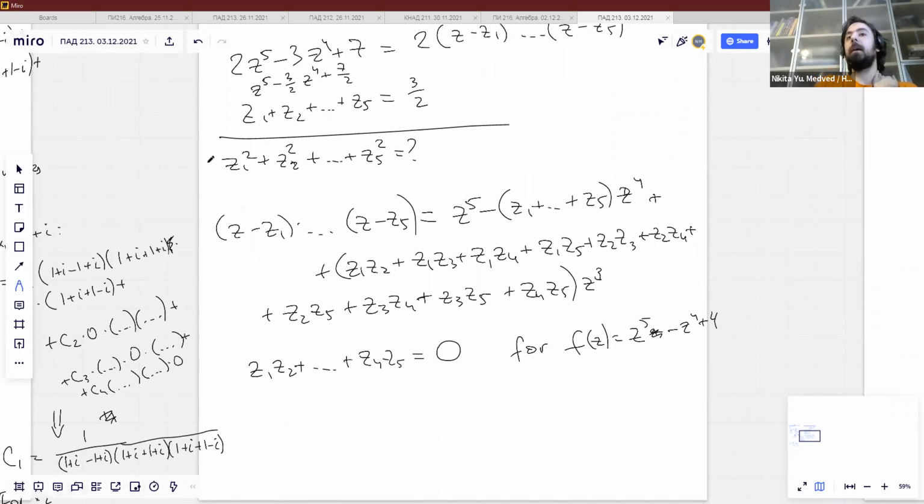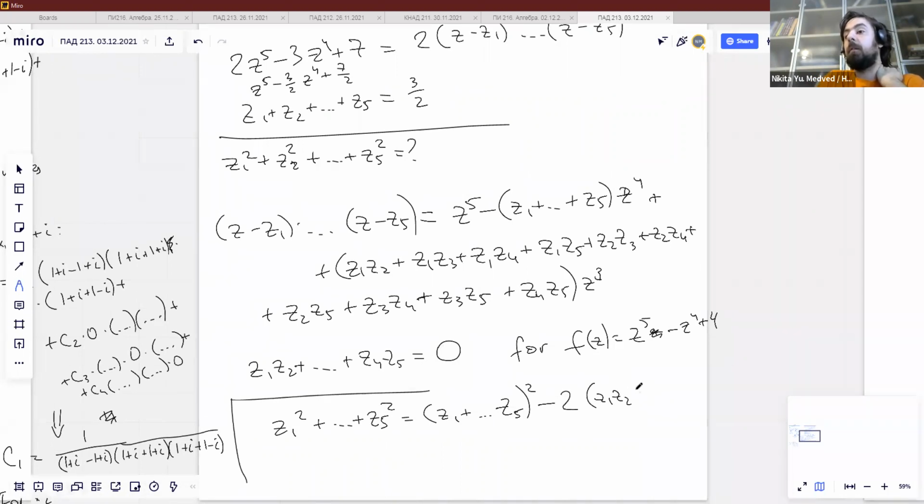What matters is that now I can solve my problem, because the sum of squares is the square of the sum minus twice this awful expression. In our particular case, that's 1 squared minus 2 times 0, that's 1. But again, the particular case doesn't really matter. What matters is the general case. We are able to do this for any situation.